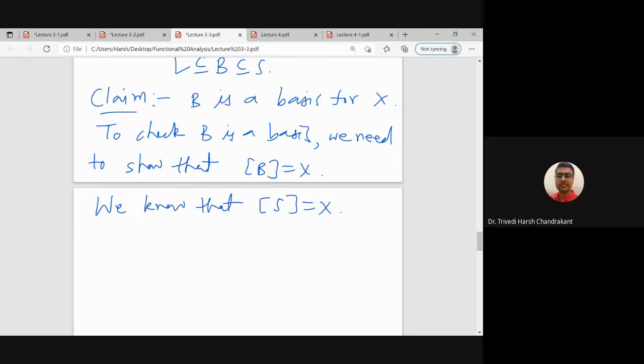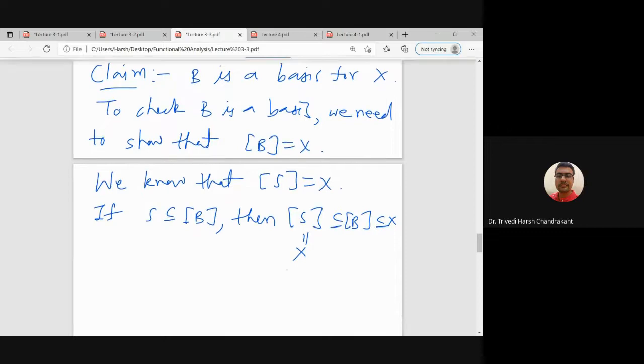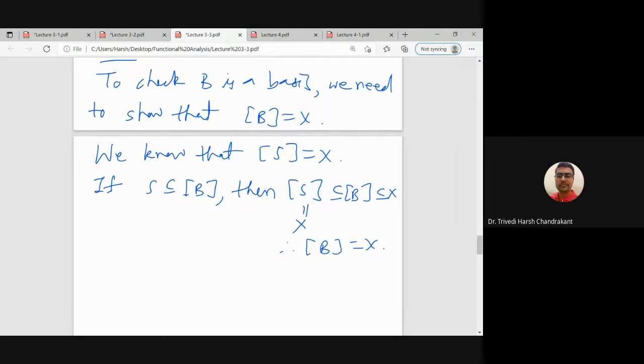So if we can show that S is a subset of span of B, then span of S is a subset of span B, which is a subset of X, and span of S is X. So that means we get span of B is X. So if we can show this, then we will get that B spans X, using this property.